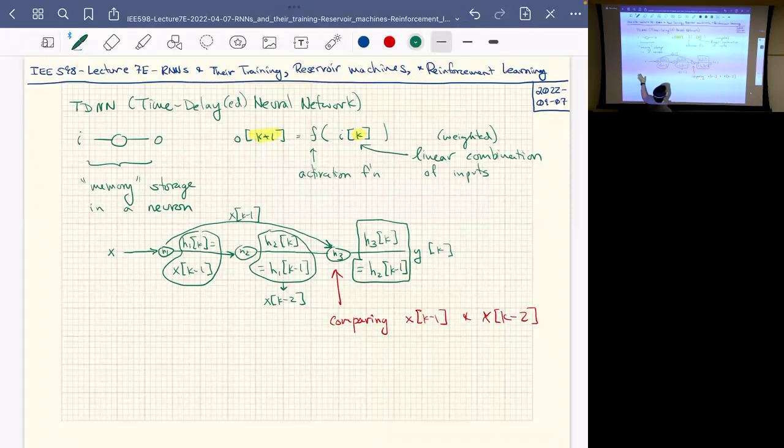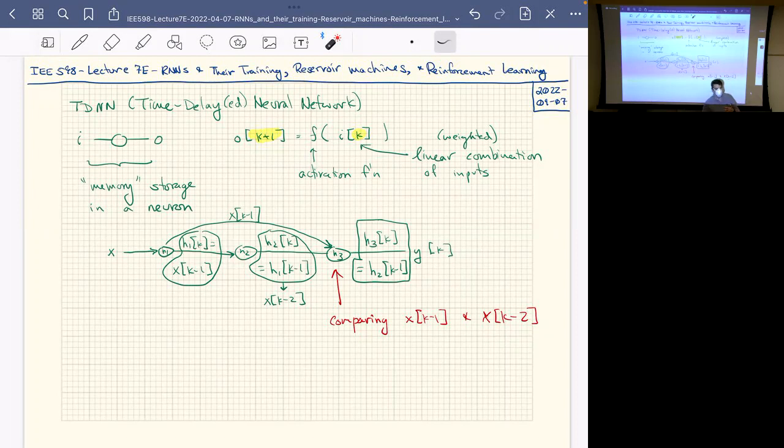But this purely feed-forward topology has the downside that the longer the patterns I want to look for in time, the longer the network I need, because every new element, every gap, is a slice of history that I'm storing.